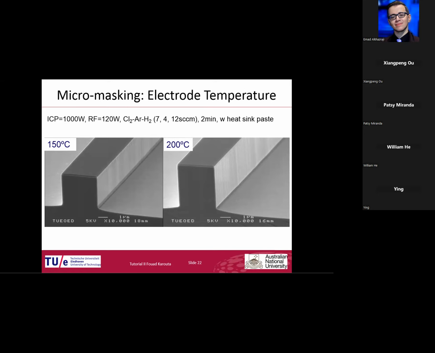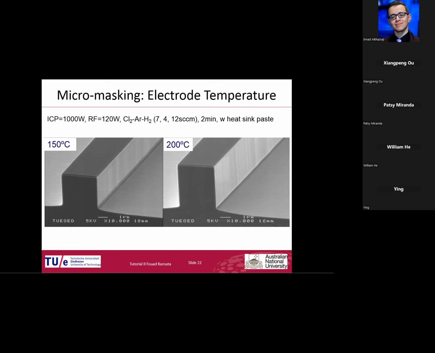Well, there are 2 aspects here. You want to have a repeatable process. So you don't want to be in a random process where you don't know what the temperature is. That's why with the heat sink paste, at least you know what is happening. And if you need higher temperature, you can go to 250.